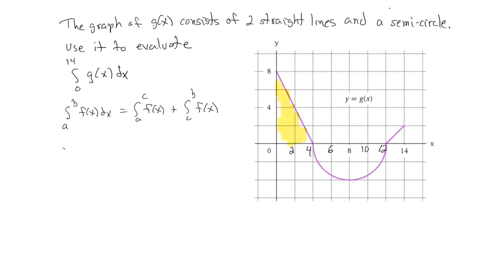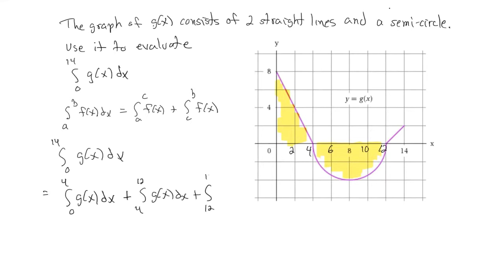So the integral from 0 to 14 of g of x dx is going to equal the integral from 0 to 4, and then I'm going to integrate from 4 to 12 and find the area of that semicircle, and then I'm going to integrate that last piece, from 12 to 14.